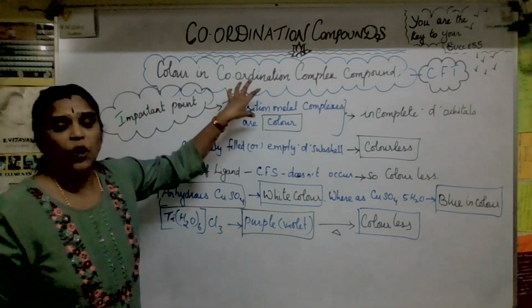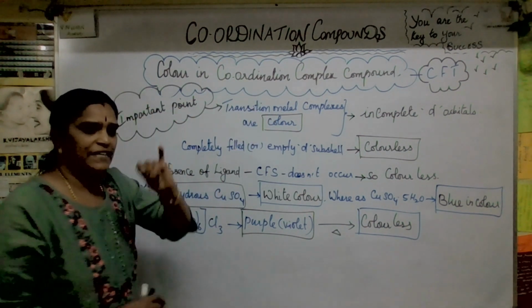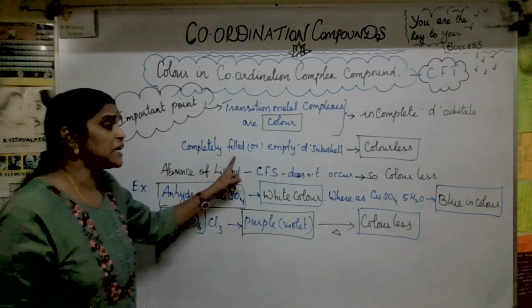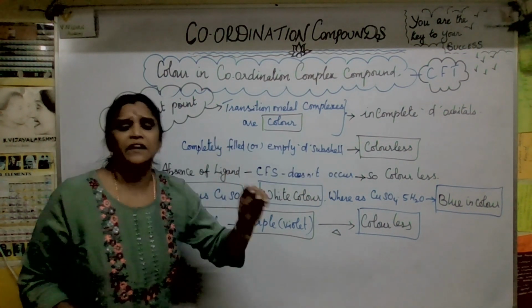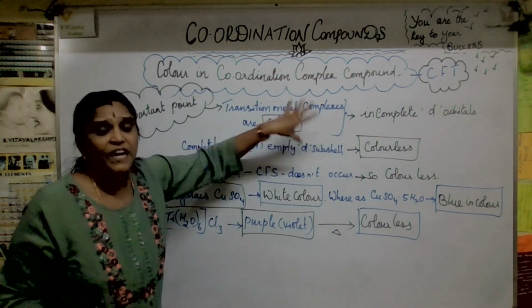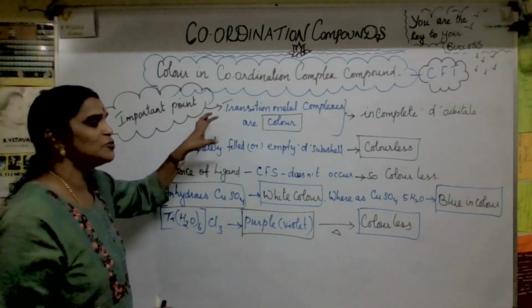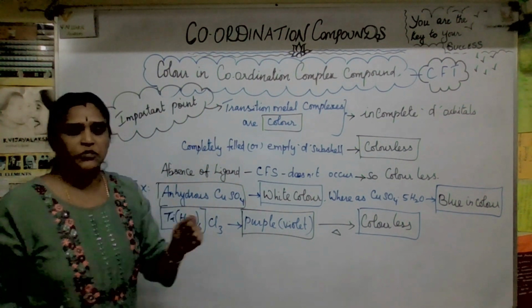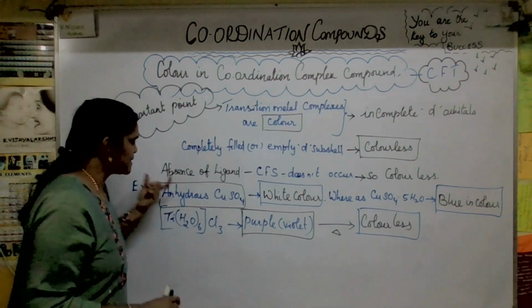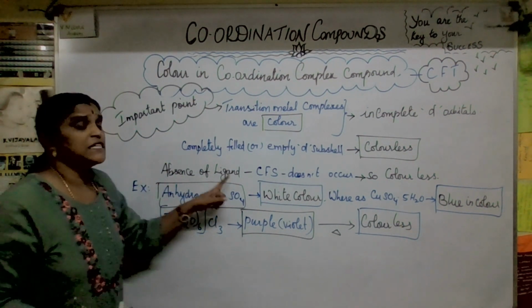Then only the complex compound will be colored. Second point, completely filled or empty d orbitals are 100% colorless. Please keep all these important points safely, because they will always help you choose the correct answer.